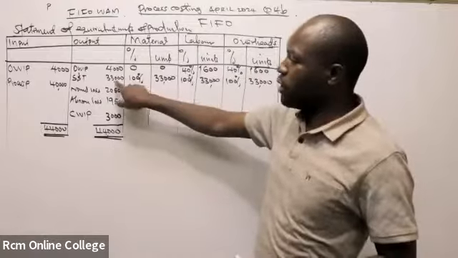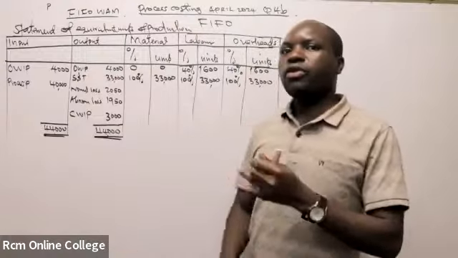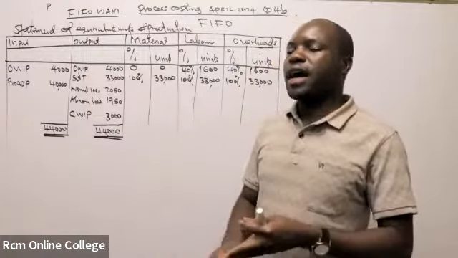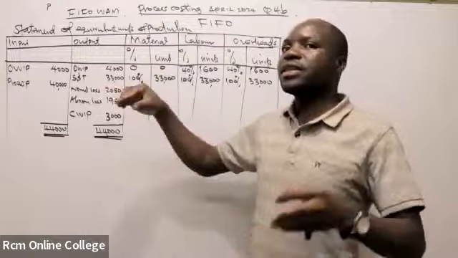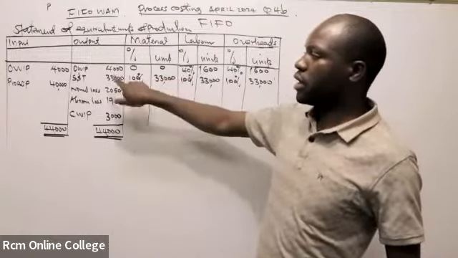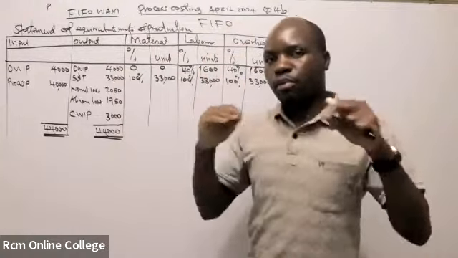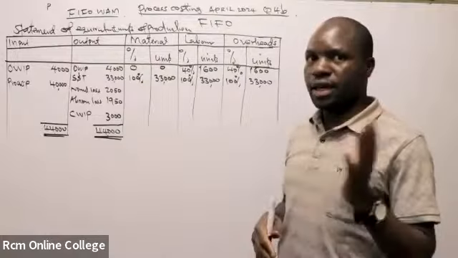That is the same way we are talking about started and transferred. You brought in raw material, labor, and overheads, and you are able to complete 33,000 units. So everything for these 33,000 will be 100% during the current process. Is that clear?